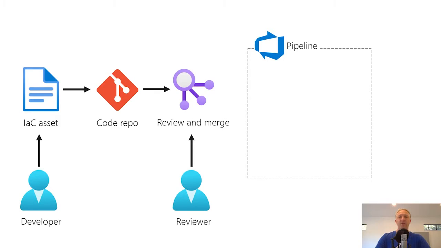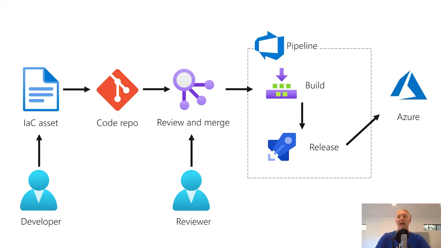Once that reviewer is happy, that change is merged and a pipeline may then ensue. Typically this would involve a build phase and a release phase. That release phase would actually create the resources in Azure.